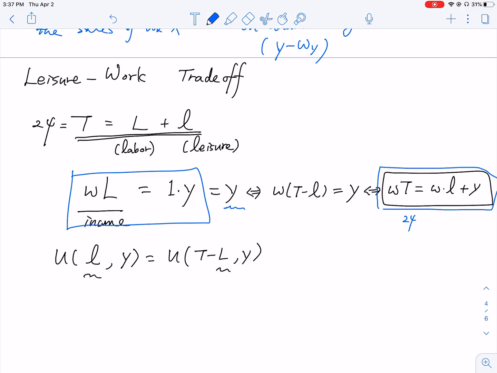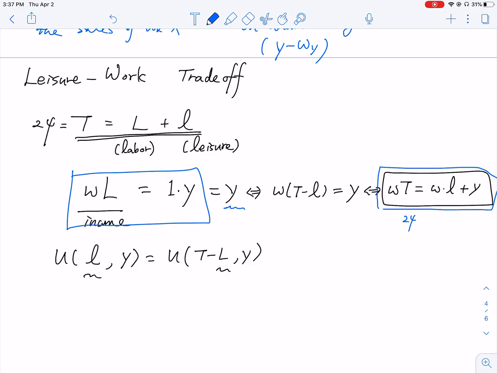So one way to think about that is that the value of your endowment is W times capital T. That's the whole value of the hours you have, 24 times W. Using that money, you're going to buy consumption Y, the composite good, and you're buying the leisure at the opportunity cost W, right?